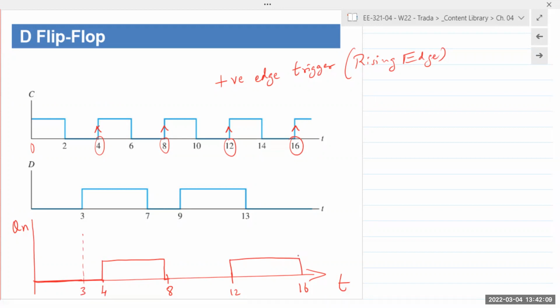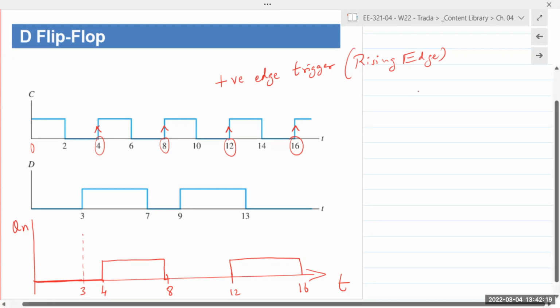So in the timing diagram for a D flip-flop, or any kind of flip-flop, if there's an edge trigger, first of all you want to see where the transition is taking place. If there was a bubble in the clock input, it would be a falling edge, meaning negative.